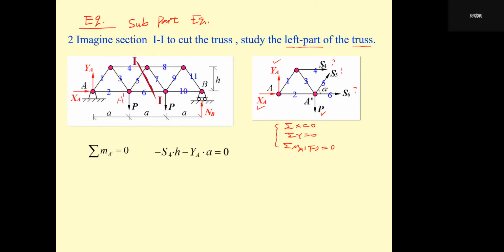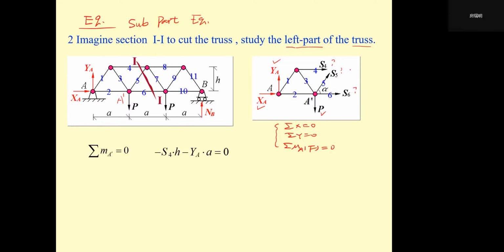Because this S4 is along the positive direction of X, this force will have a clockwise moment about point A prime. Can you figure out its direction correctly? So S4 will have a moment along the CW direction, so this will be minus.